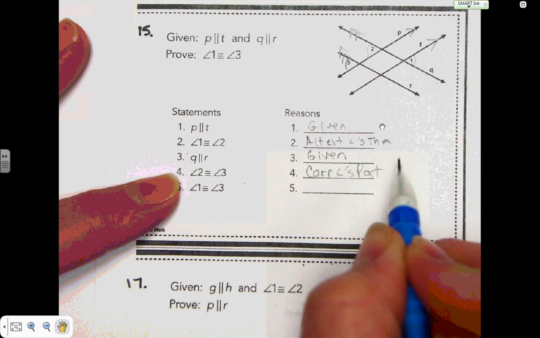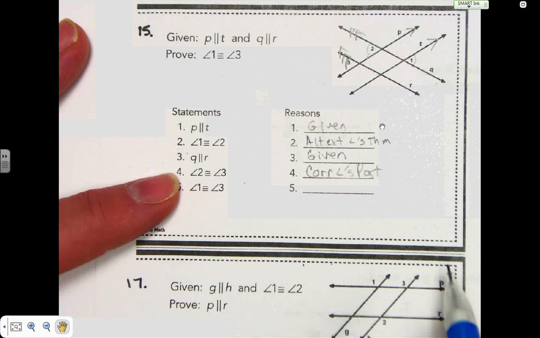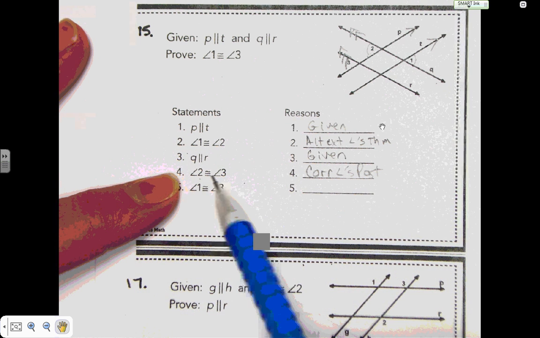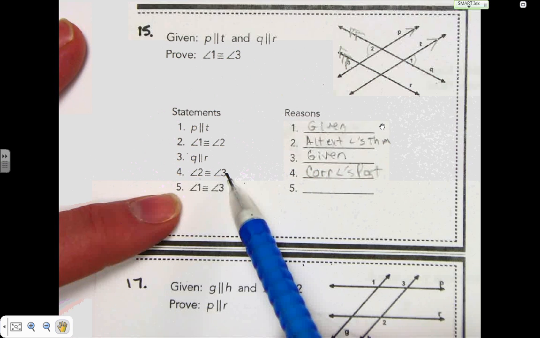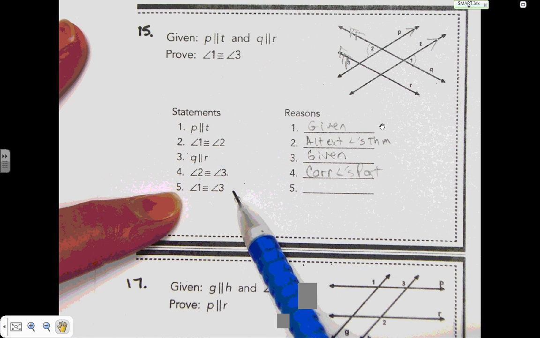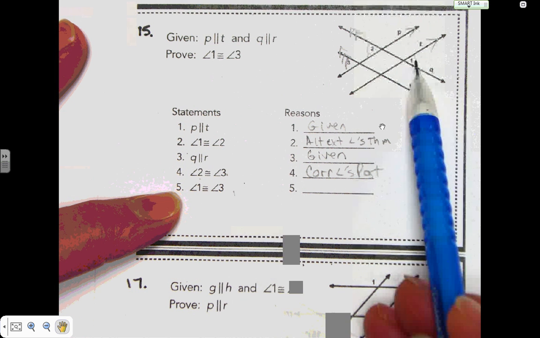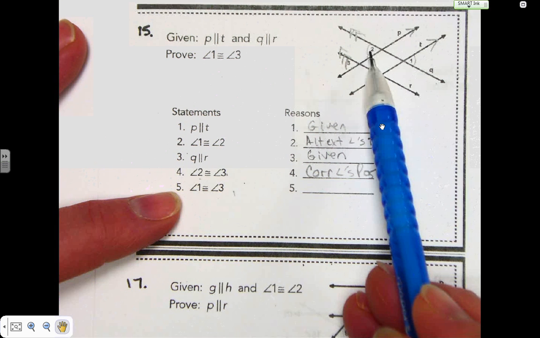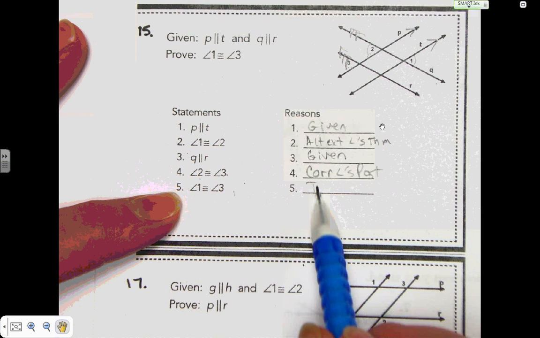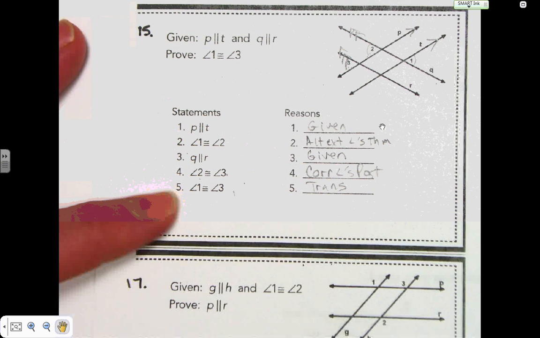I know, it's easy to do. Okay. So, if 1 is congruent to 2, and 2 is congruent to 3, what's going to be true about 1 and 3? They're going to be congruent by what? If 1's congruent to 2 and 2's congruent to 3, then 1's congruent to 3 by transitive. Okay?